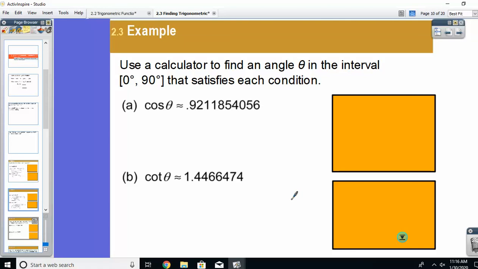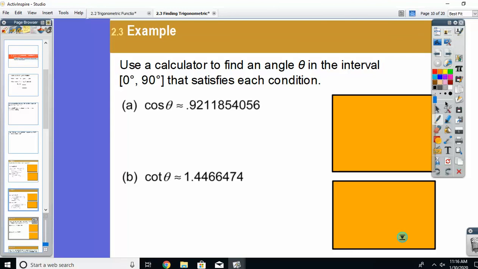When you want an angle, that is the time that you use those inverse buttons. So in other words, if I were trying to solve this for theta, I would need to get rid of my cosine. You can't just divide the cosine over because they're not multiplied, it's a function.